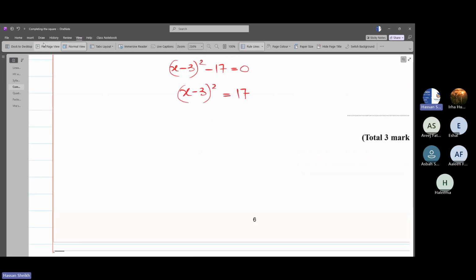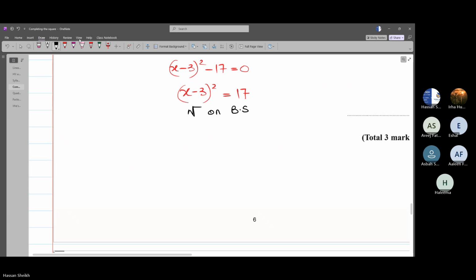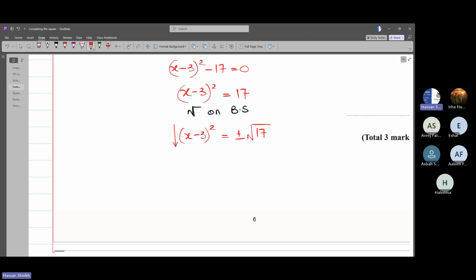What step? Square root on both sides. Do you remember we started off the second method right from here? Yes. So that is nothing, it is just a square root. It is not called a method. The method was already done before; someone already completed the square.